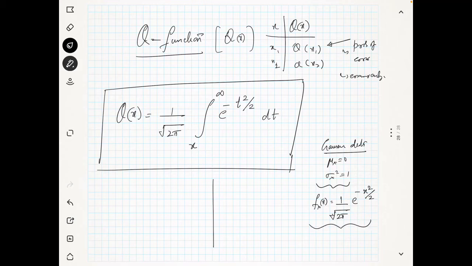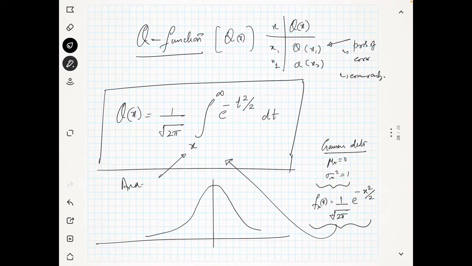So if you compare this function with this one, you can see that it is nothing but a Gaussian distribution, and there is an integral. The integral shows the area. If you have a normalized Gaussian distribution, that means a normal distribution, a normal PDF, you can see the variance sigma x square is equal to 1, and the mean at the center, that means mu x is equal to 0.